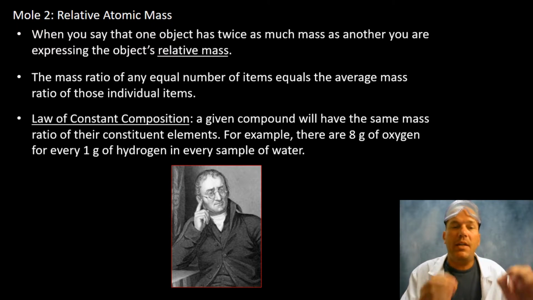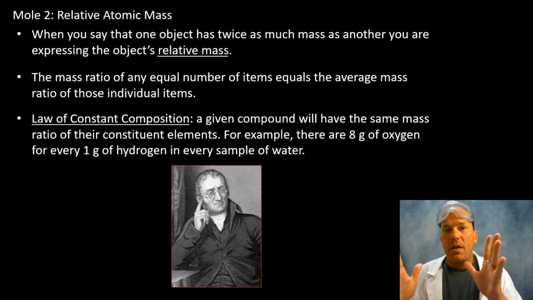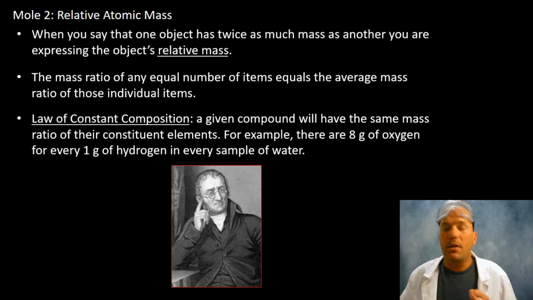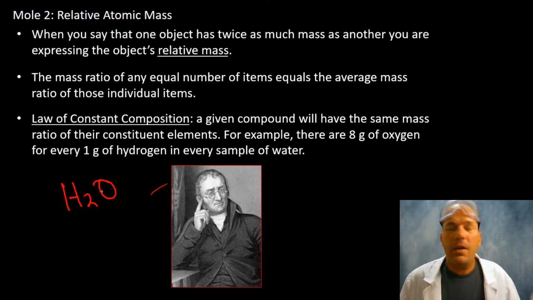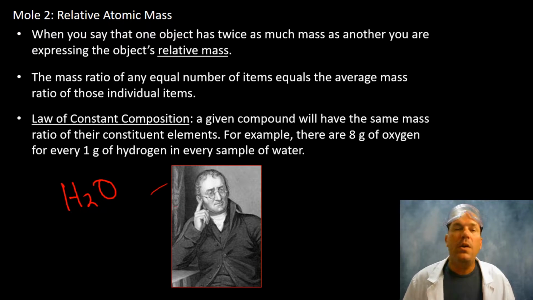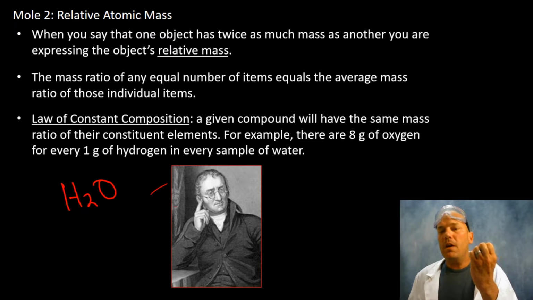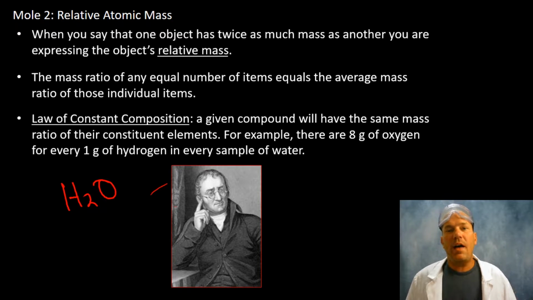A great example would be water, H2O, and go ahead and grab your periodic table out. You want to have that available throughout this podcast. So in H2O, there were 8 grams of oxygen for every 1 gram of hydrogen.